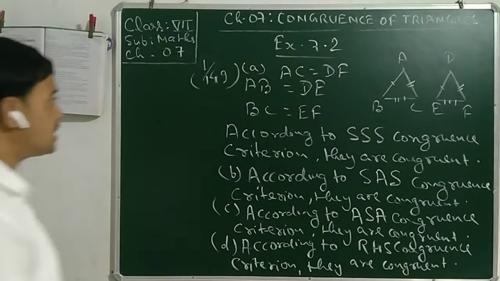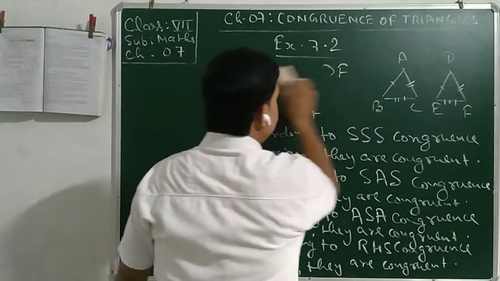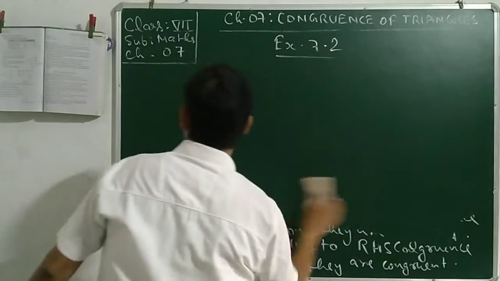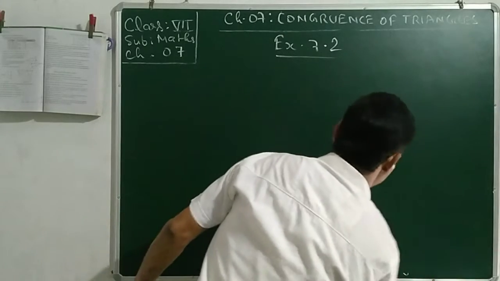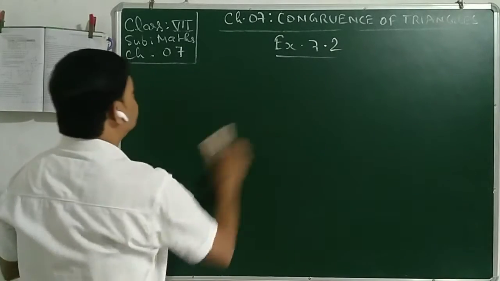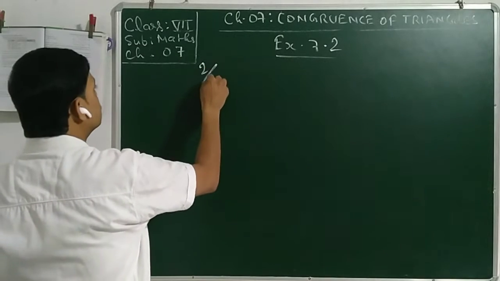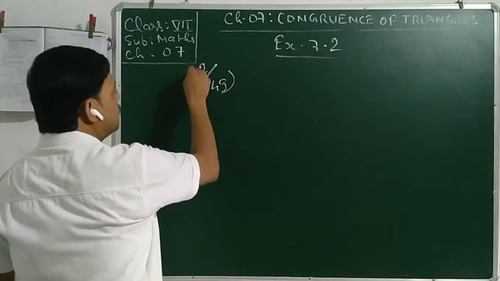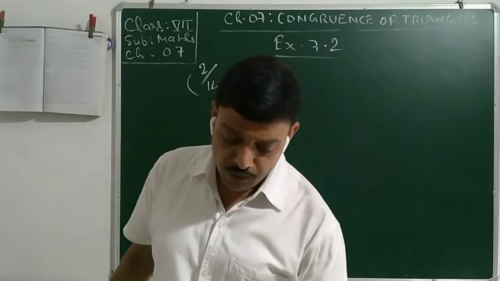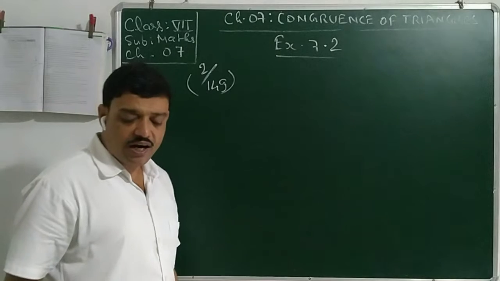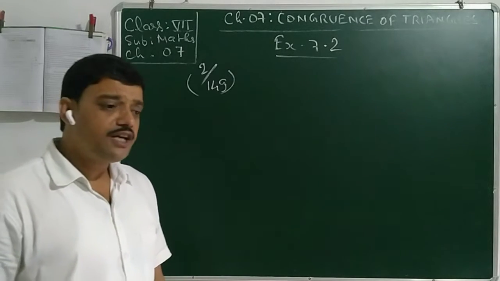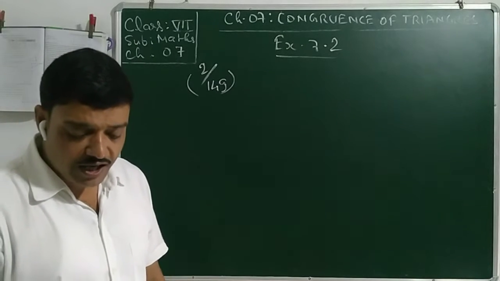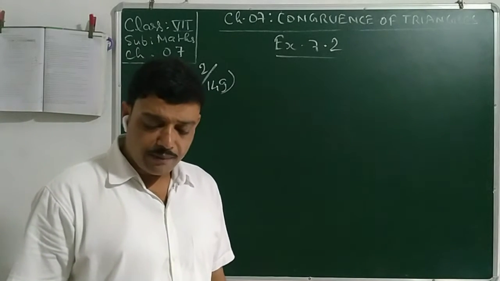See, on the same page, page number 149, sum number 2 is there. We want to show that triangle ART is congruent to triangle PEN.